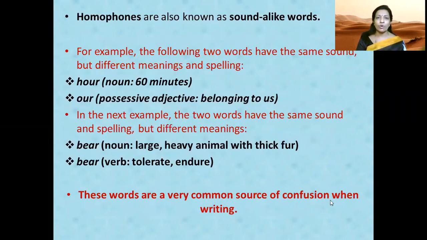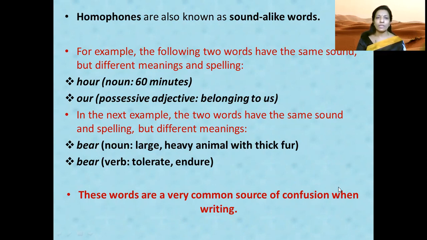Homophones are also called sound-alike words. For example, there are many words which sound exactly alike but which have completely different meanings. Let us look at the first example. Here we find two words, HOUR and OUR.